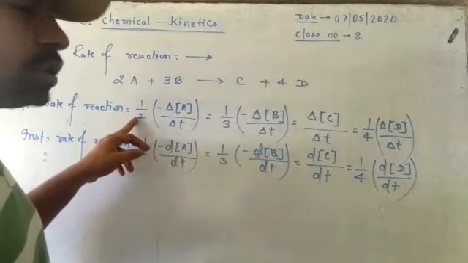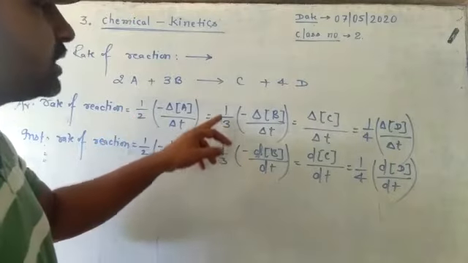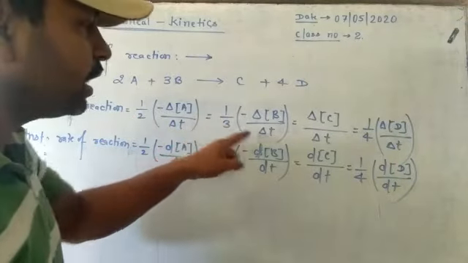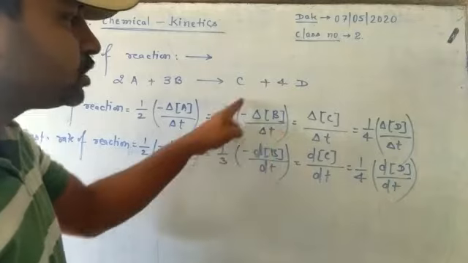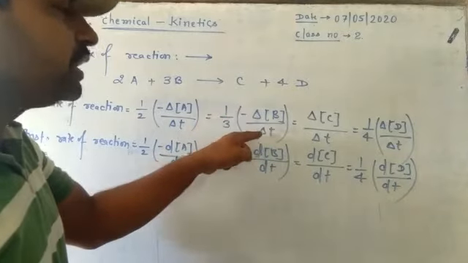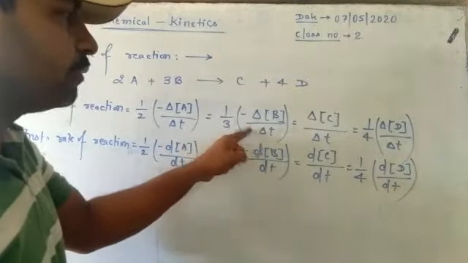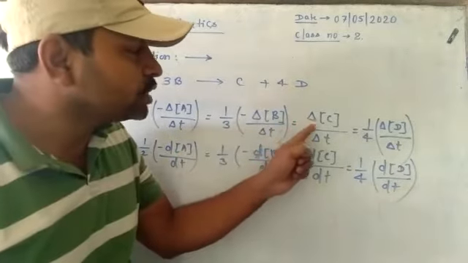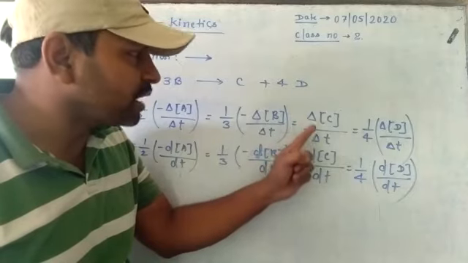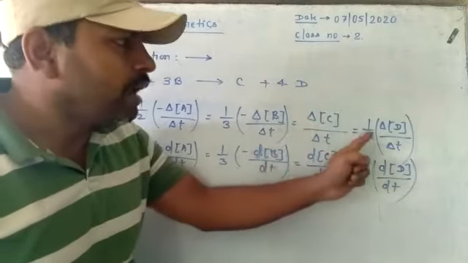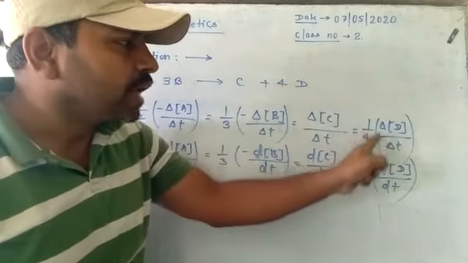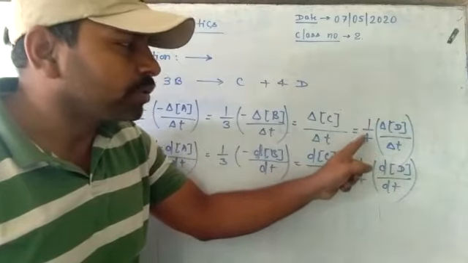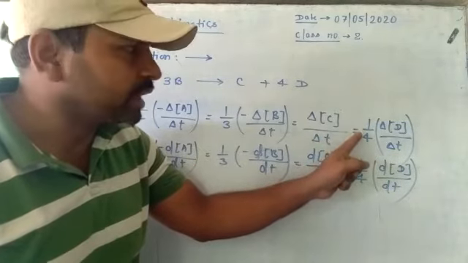Here 1 by 2 is not taken, and here 1 by 3 is not taken, and this quantity with the negative sign is known as the rate of disappearance of B. Students, this quantity is known as the rate of appearance of C, and this quantity except 1 by 4 is not taken.